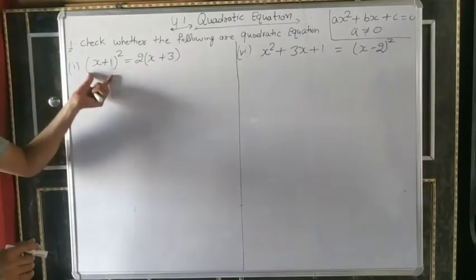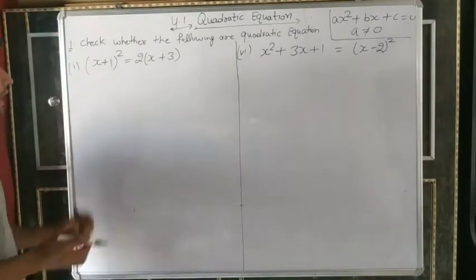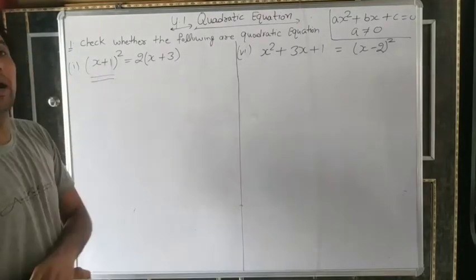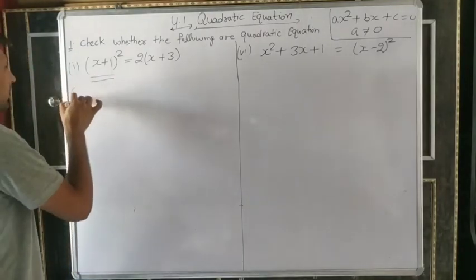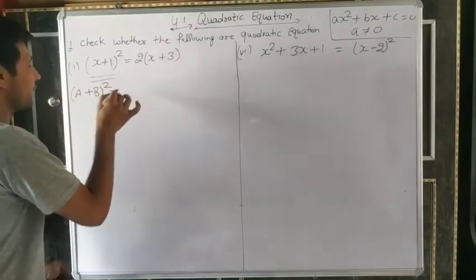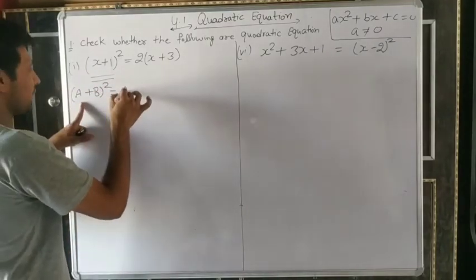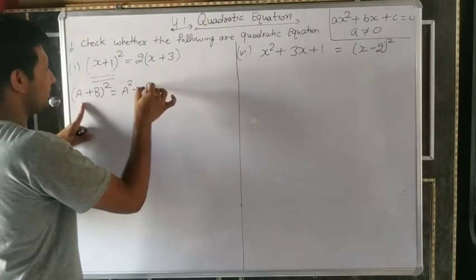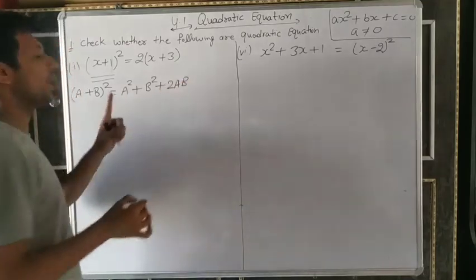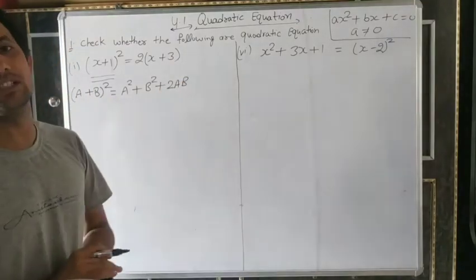How will we open it? X plus 1 whole square. So it becomes the formula a plus b whole square. And what is the formula? First number square, a square plus b square plus 2ab. So you have to remember all the formulas dear.